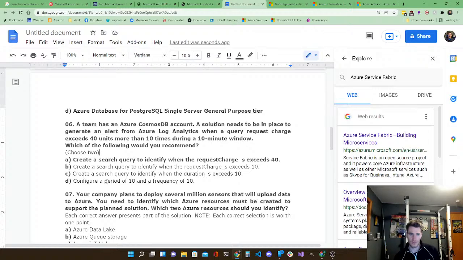So that would be the period of 10 minutes, and then frequency of 10, so it's happening 10 times in that 10 minutes. Because just doing duration exceeds 10 sounds more like a single query exceeding 10, and that's not really what we're talking about.